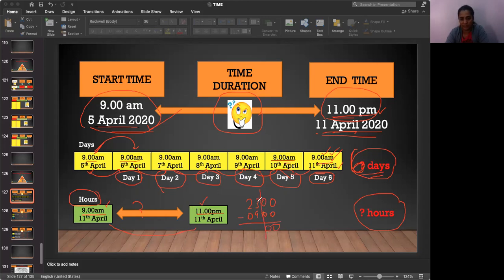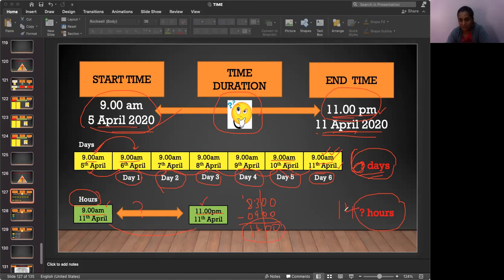And then 23 minus 09 is 14. So from 9 a.m. until 11 p.m., there were 14 solid hours.